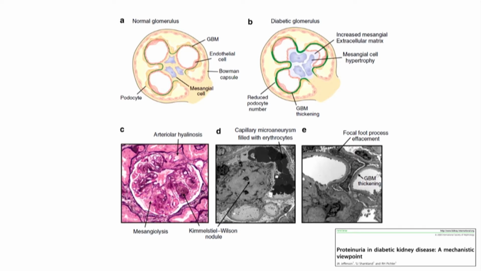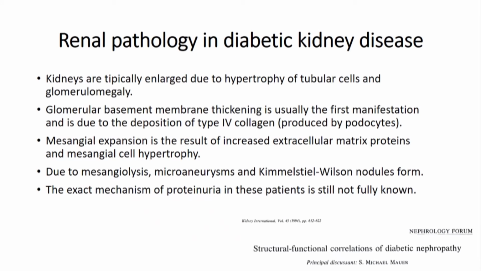We learn in school that the kidneys are typically enlarged, and hypertrophy of tubular cells and glomerulomegaly are present. Glomerular basement membrane thickening is usually the first manifestation and is due to the deposition of collagen 4.